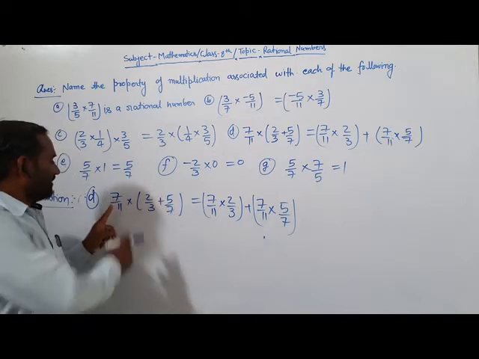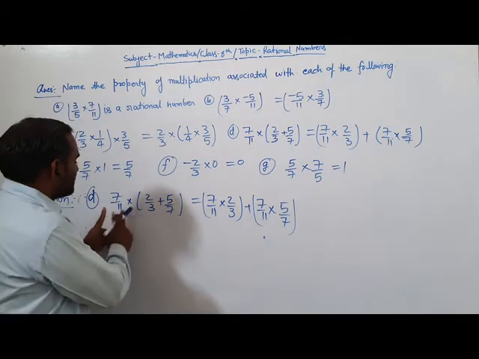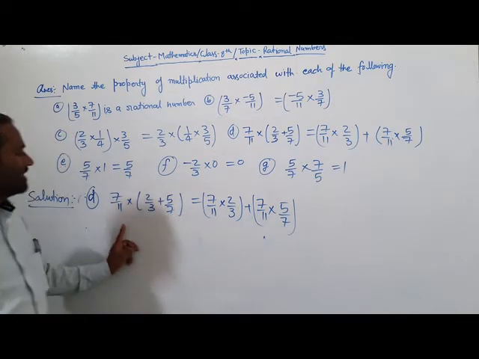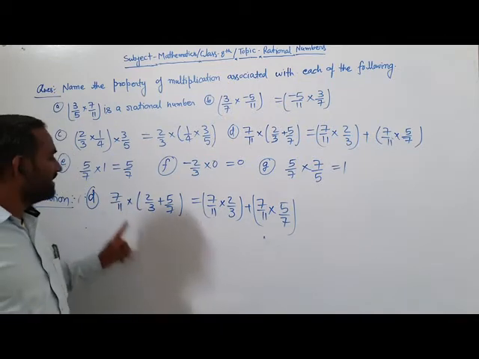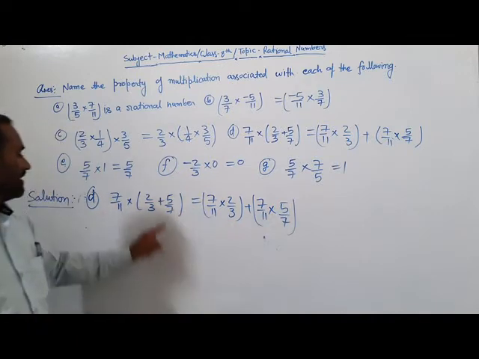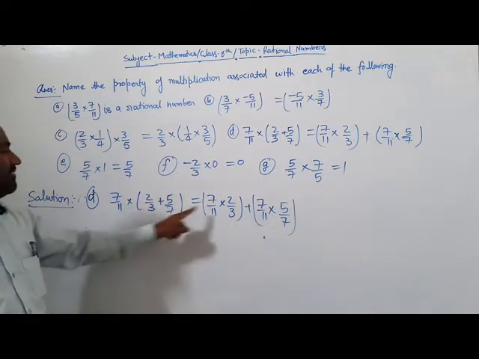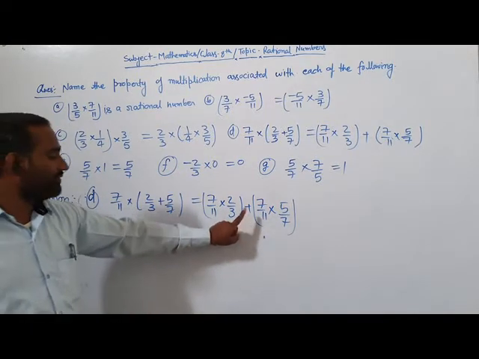So here we multiply one by one. First, 7 by 11 is multiplied with the first rational number. After that, 7 by 11 is multiplied with the second rational number. There is a plus sign between them, so we keep the same.